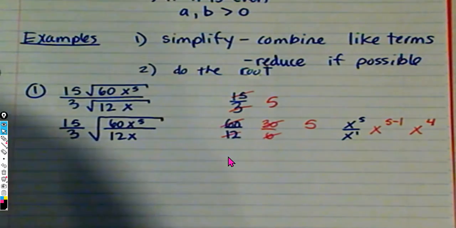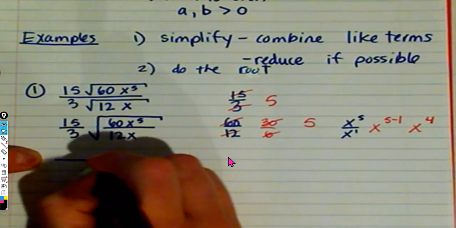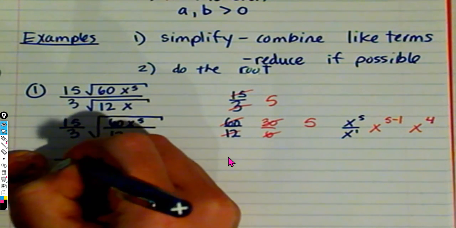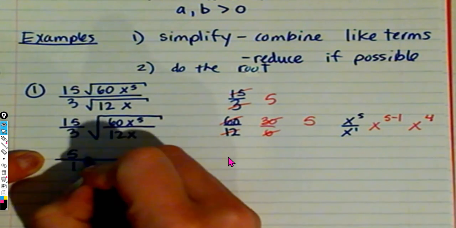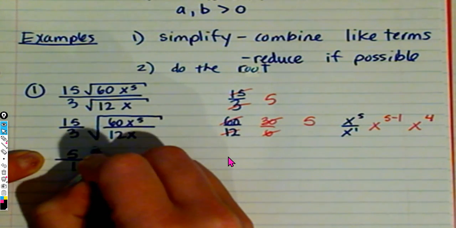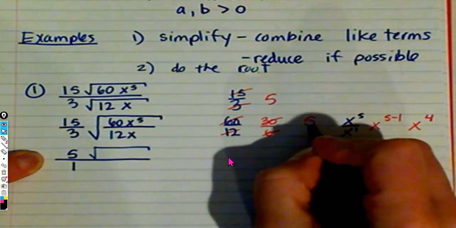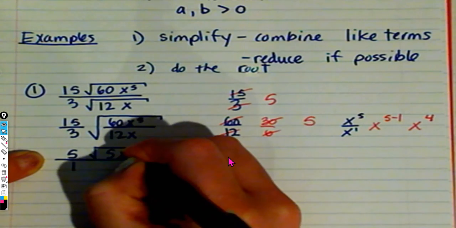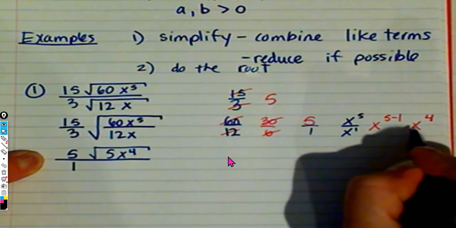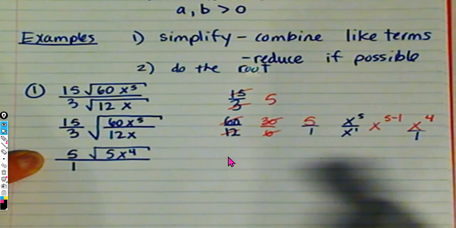All right, let's take this back. And I am going to leave my fraction bar here. 15 over 3 simplifies to 5 over 1. Okay, root 60 x to the 5th over 12x simplifies to the root of 5x to the 4th. And notice that the denominator, it's just left with 1.